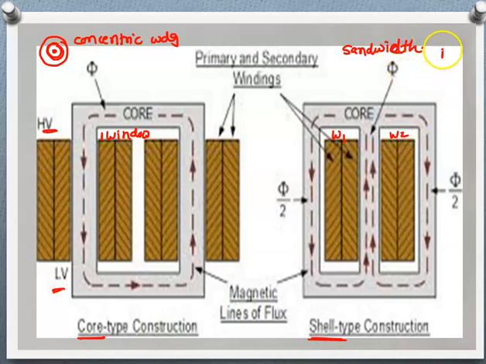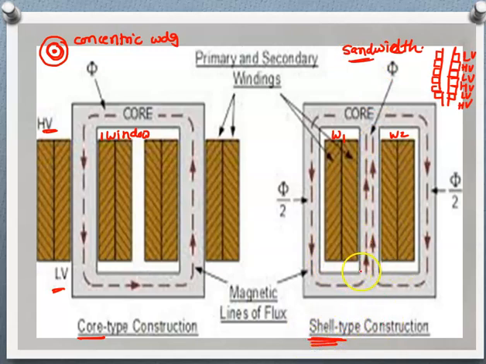That means at the central limb, we use some part of the HV winding, then we use the LV winding, then again HV, then again LV, again HV, then again LV. Suppose this is the first LV, then next HV, then LV, then HV, LV and HV. We divide the LV and HV winding into different parts and we place them in this manner. This type of winding is called sandwich type winding.